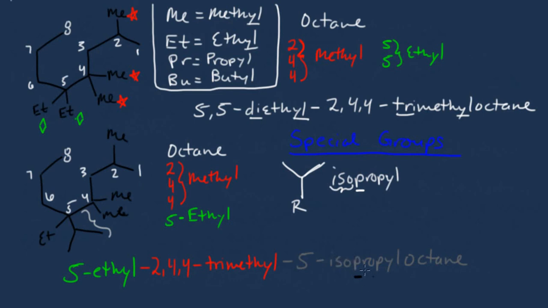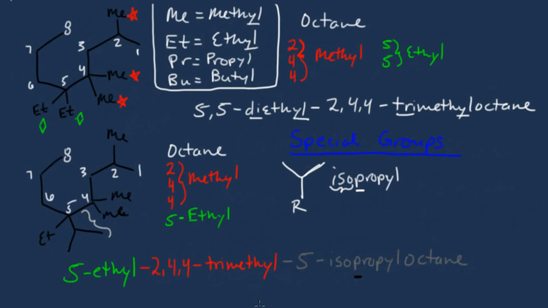We're considering the more general propyl part of our substituted group. And so that's how we're going to name it, based off the first letter of our more general group, which is propyl. And so our answer is 5-ethyl 2,4,4-trimethyl 5-isopropyl octane.